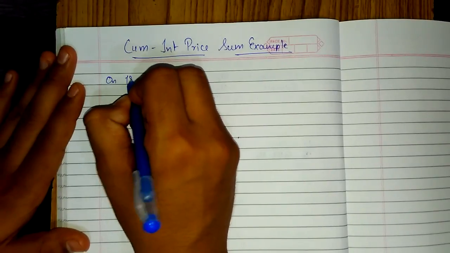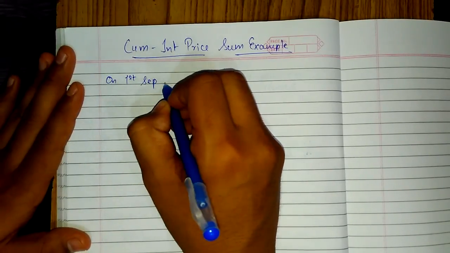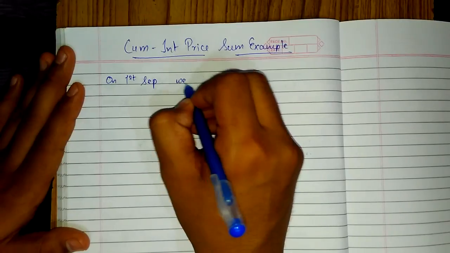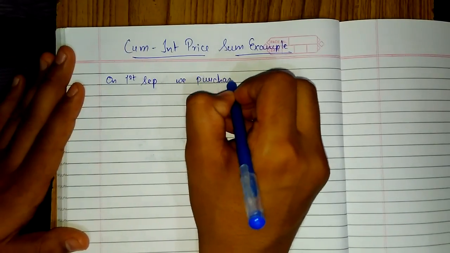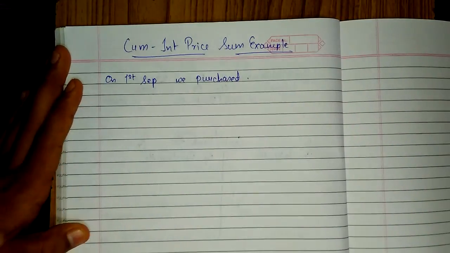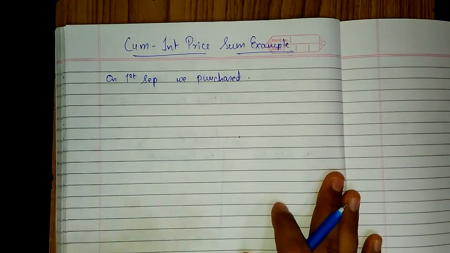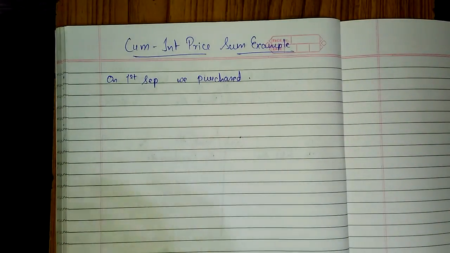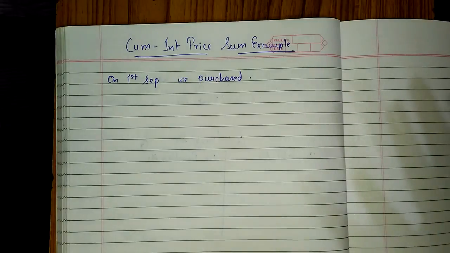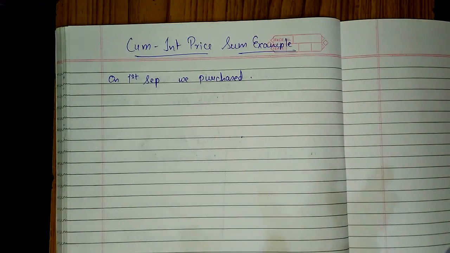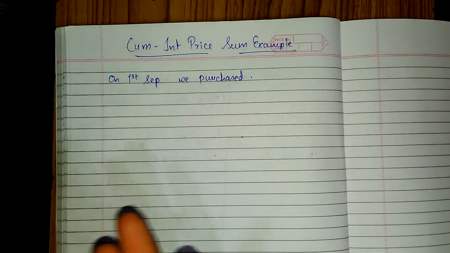On 1st September we purchased, again the same as what we have studied earlier. We'll be solving how to calculate the accrued interest, and how to calculate face value and cost. Face value and cost is very simple, and afterwards we'll be seeing the journal entry.